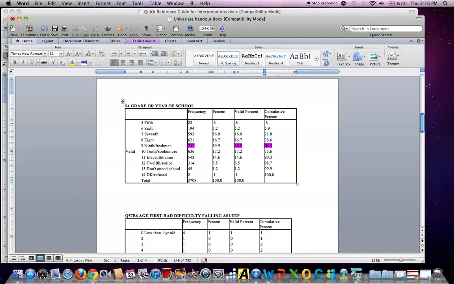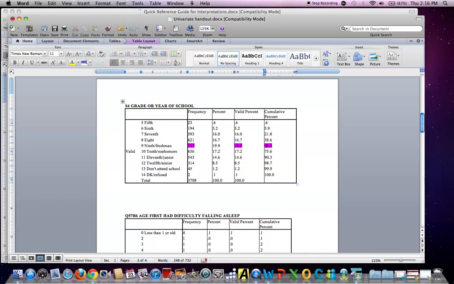The question becomes, how do we look at this distribution? Looking at the frequencies and the valid percents, except for the 5th and 6th grade, there's not much difference in the distributions of the percents.